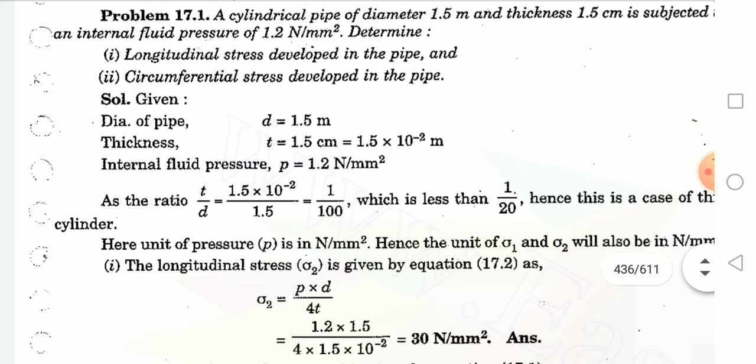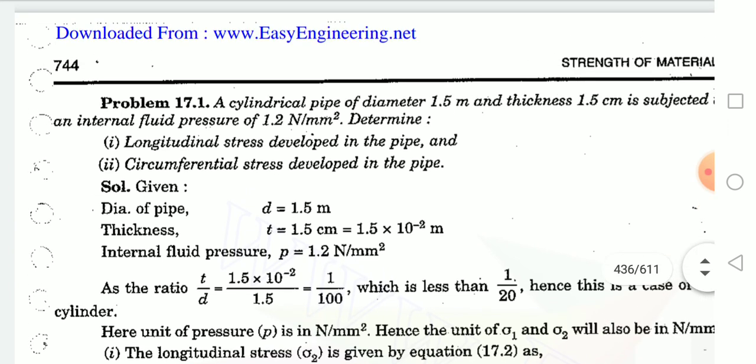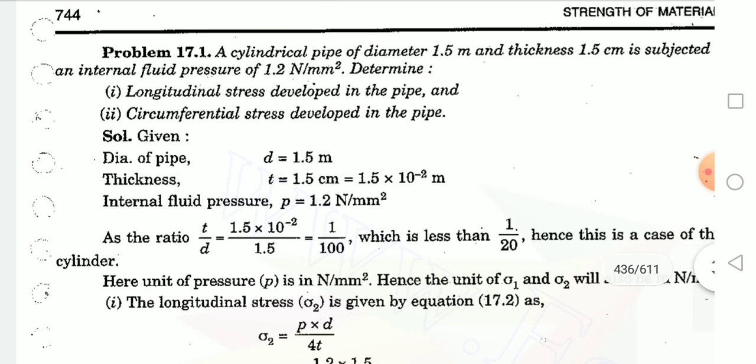So P is the pressure, D is the diameter of the cylindrical vessel, and T is the thickness of the vessel. Okay, so now the first step is we want to convert everything in terms of millimeter and Newton.